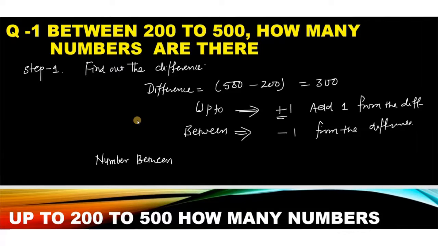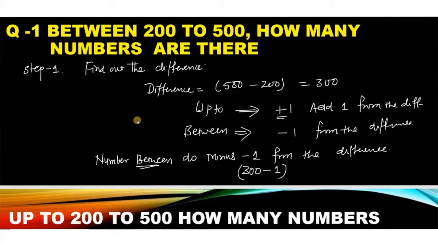Between means you have to do minus 1 from the difference. So difference is 300 and this is minus 1, because it is between, therefore it is minus 1. So it is 299 numbers.